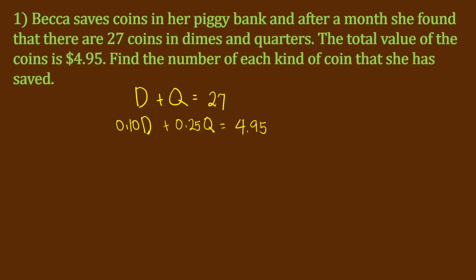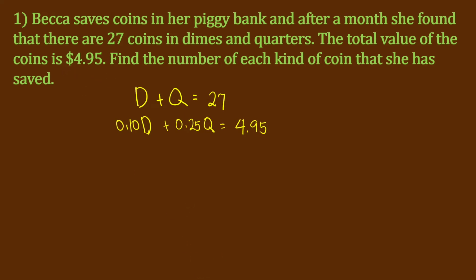As you can see, I used here the decimal equivalent in dollars of the coins, not 10, not 25: 0.10 of a dollar for the dime, 0.25 of a dollar for the quarter, because this total 4.95 is in dollars also.